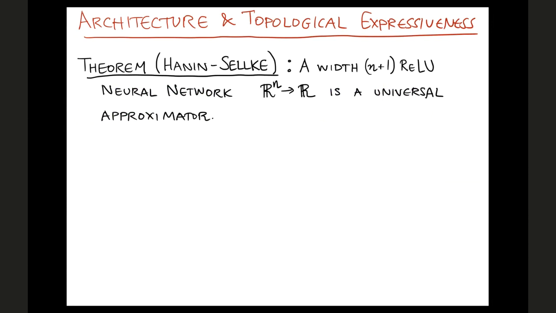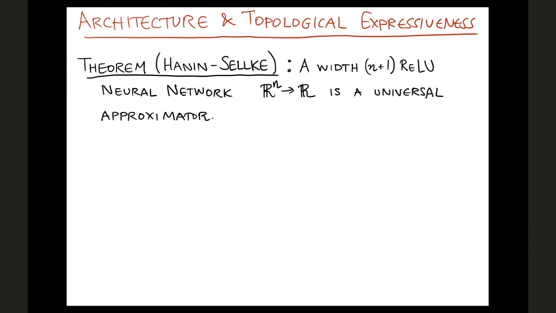Okay, so what I want to say now is that in that same paper, Hanin and Sellke proved that if you increase the width by 1, so if you allow yourself to map into at least one higher dimensional space in the hidden layers, then your neural network does again become a universal approximator.